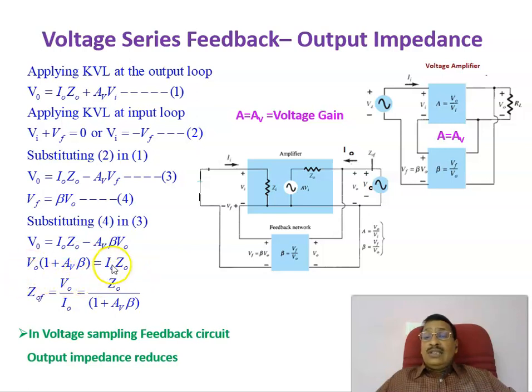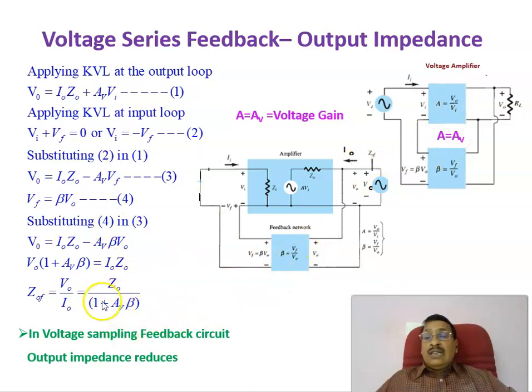Or we can say that V0 by I0, that is called Z0F, that is output impedance with feedback. Z0F is given by V0 divided by I0, that is equal to Z0 divided by 1 plus AV into beta. Therefore, impedance with feedback in a voltage series feedback circuit, Z0F, equals impedance without feedback Z0 divided by 1 plus AV into beta, where AV is the voltage gain of this amplifier and beta is the feedback factor.